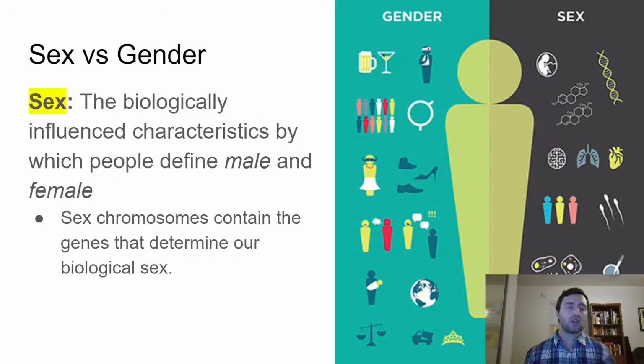Generally speaking, the vast majority of people fit into the male-female sex, but there is a fraction of people that won't, for a variety of reasons. But again, sex is the biological characteristics. We're talking about hormones, genetics, general biology and reproductive systems.